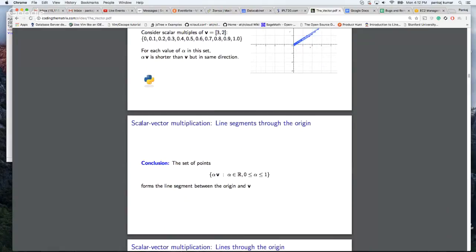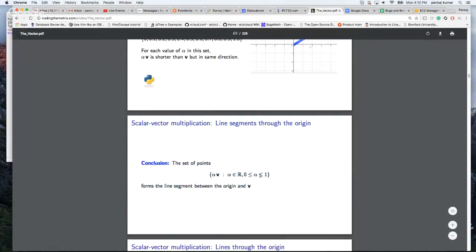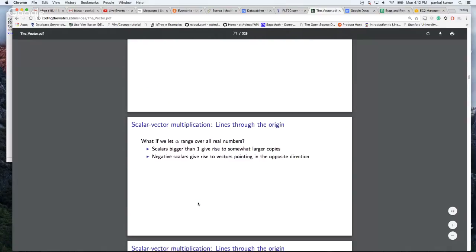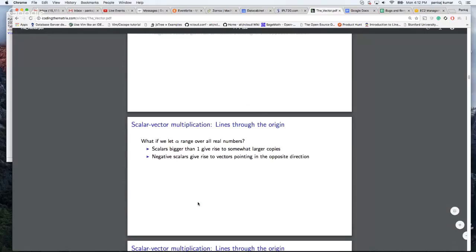So this is the formal definition of it. If you let alpha be between 0 and 1, real numbers, and you choose v, then alpha v will represent all points on the line segment between origin and v.